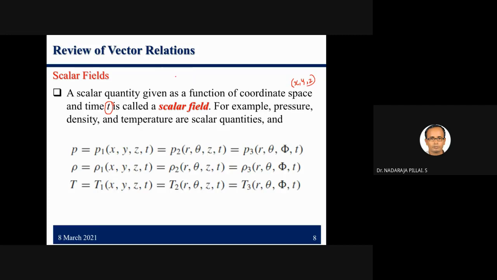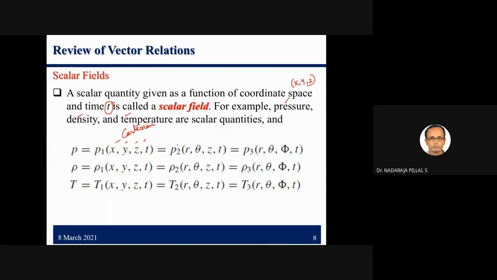For example, if we want to express pressure, density, temperature, which are naturally scalar quantities, we can represent them this way. Say P is equal to P of x, y, z, and t. That is the Cartesian coordinate system.